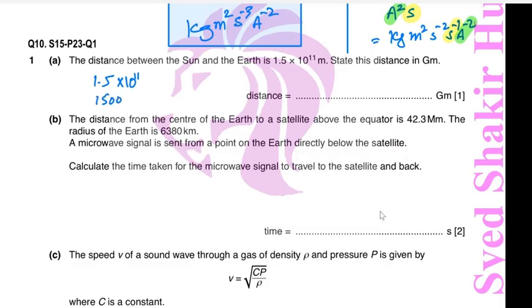1500 into 10 to the power 9, right? Now, how I got to this? See, I can rewrite this in this way: 1.5 into 10 to the power 2 into 10 to the power 9. Is this the same thing as this one?